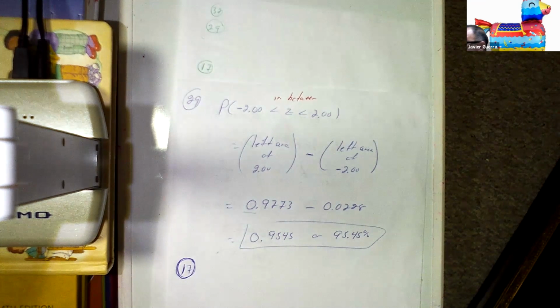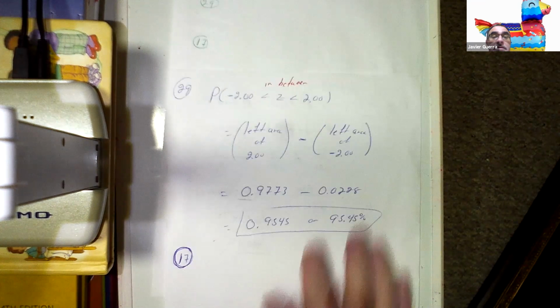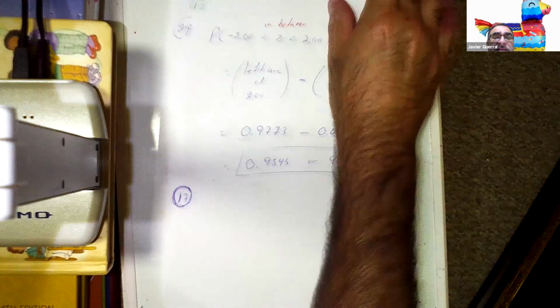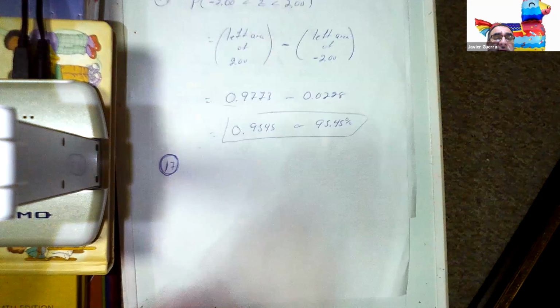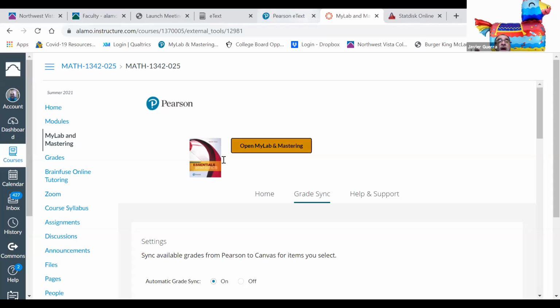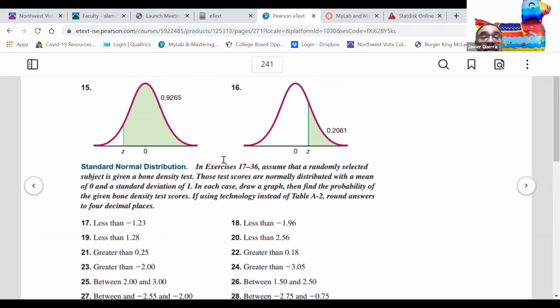Let's do 17. The probability that z is less than 1.23, or negative 1.23. It tells you: probability that z is less than.